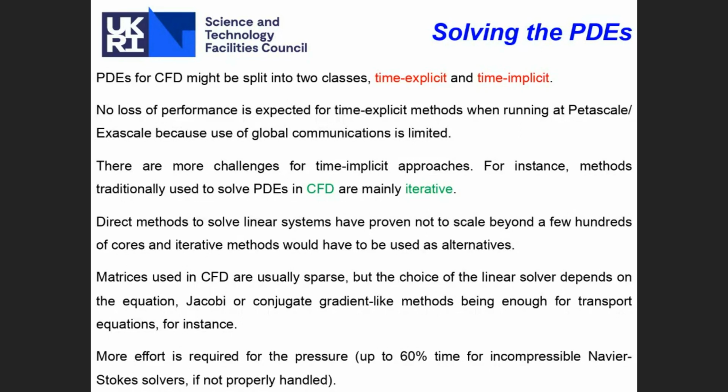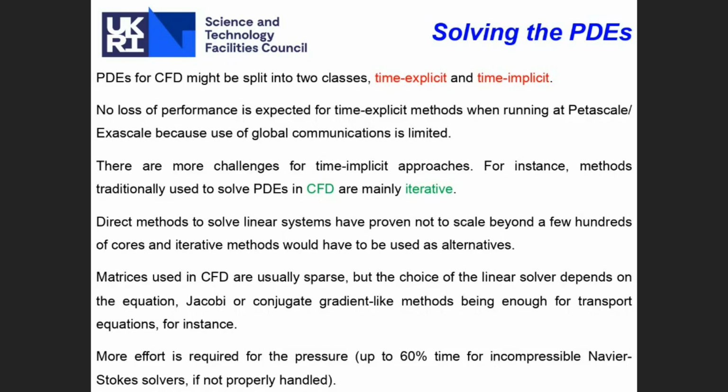When you go for time implicit, you end up solving matrices, and in the case of CFD, the matrices are very sparse, so you don't get much out of the performance of the machine, and you depend a lot on global communication.